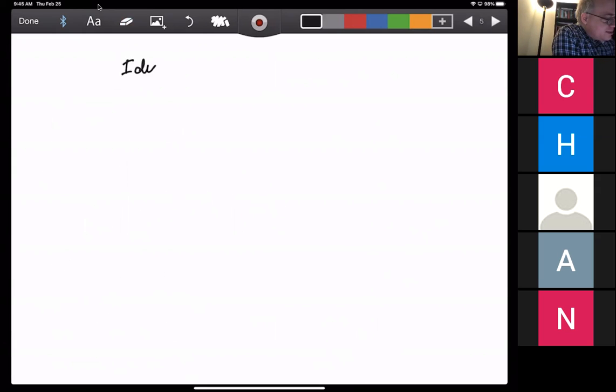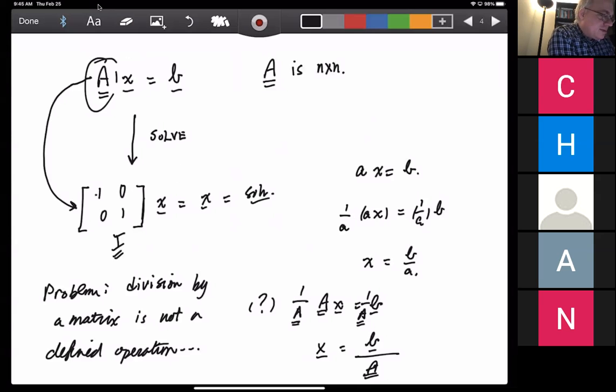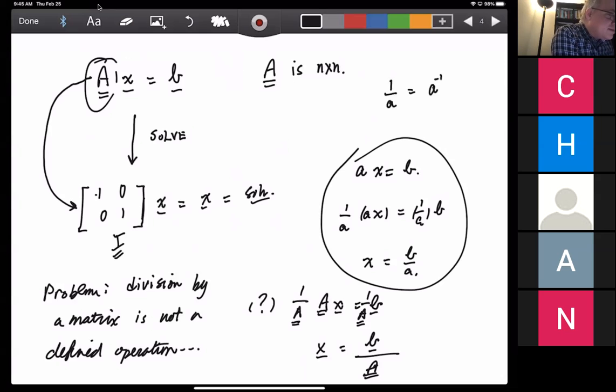So the idea is we've got our matrix A. We want to multiply by something to get the identity matrix. And if we think back to what we did in the scalar case, 1 over a, we sometimes think of this as a to the exponent minus 1.